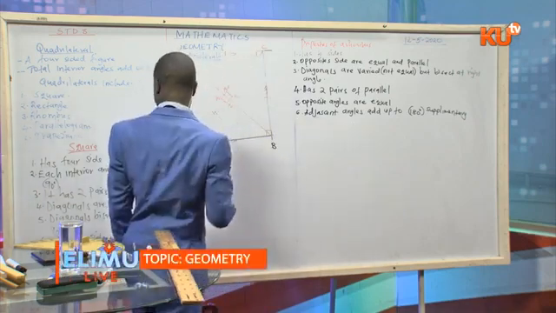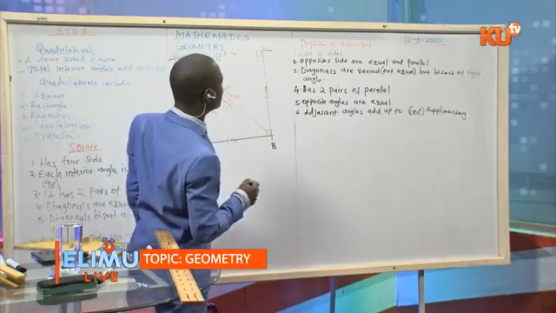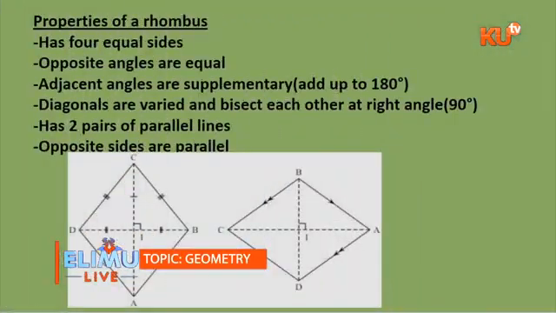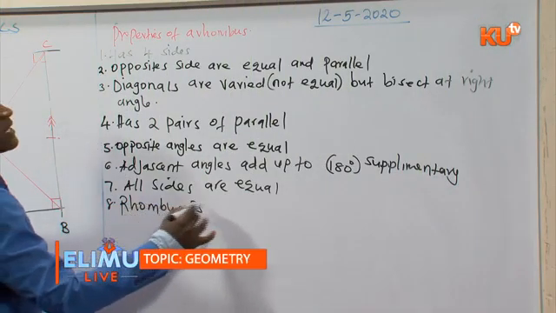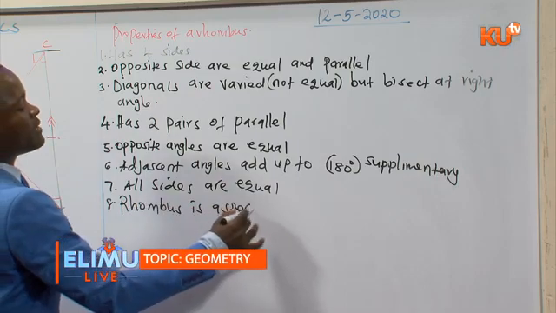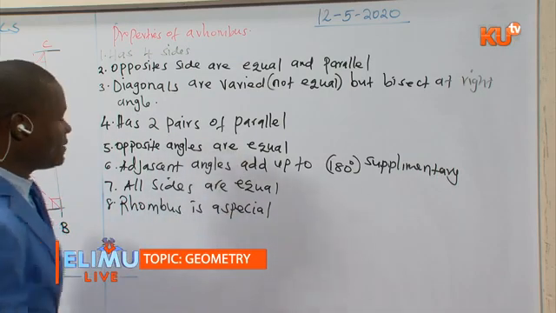Okay, the next property of a rhombus is that all sides are equal. Then the eighth one: a rhombus is a special parallelogram.